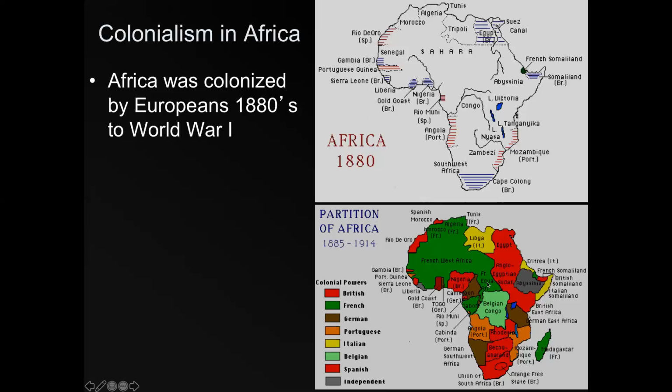You can see that the British and the French were the biggest colonizers, but we'll also talk about the Belgians, who had probably the most brutal, genocidal colonial state of any colonial power ever in the history of the world. We'll talk about them a little bit later on.